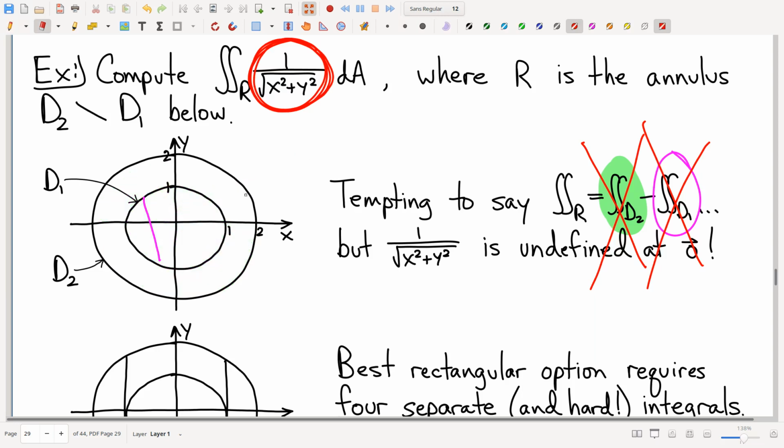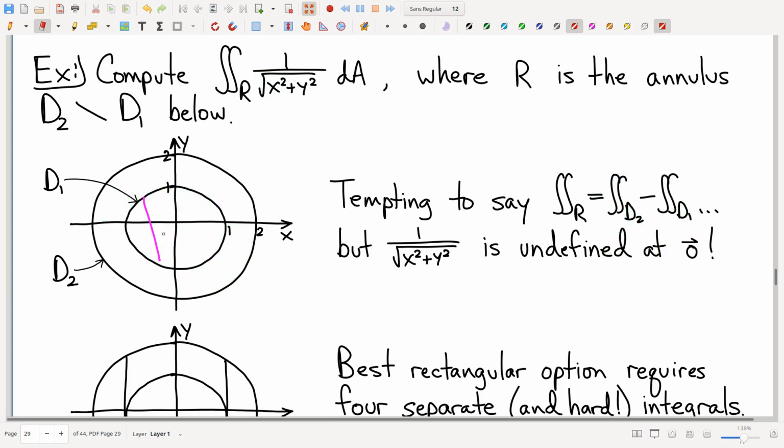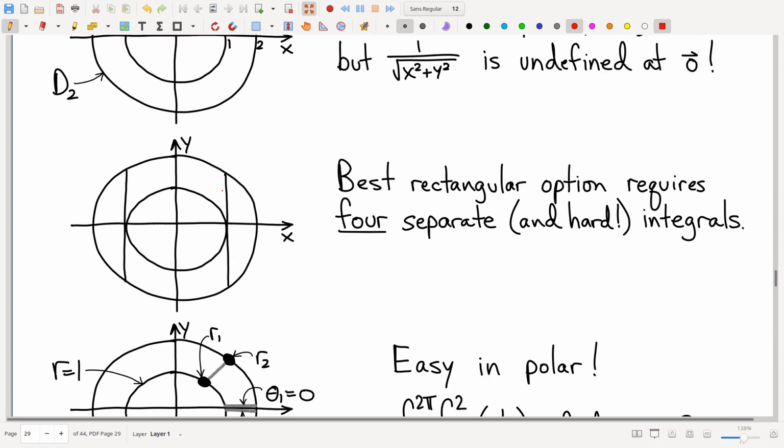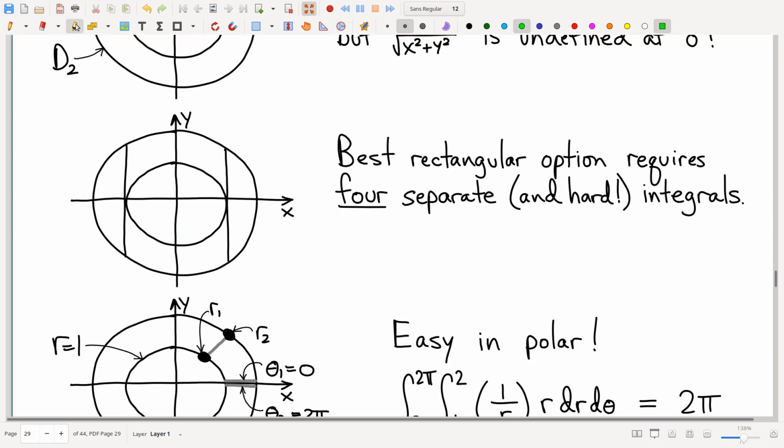Okay, next thing you might think to yourself is, hey, how about I'll just chop it up into pieces, like that piece and that piece and that piece and this piece. And I guess you could do that, but again, nobody wants to do 4 separate integrals.